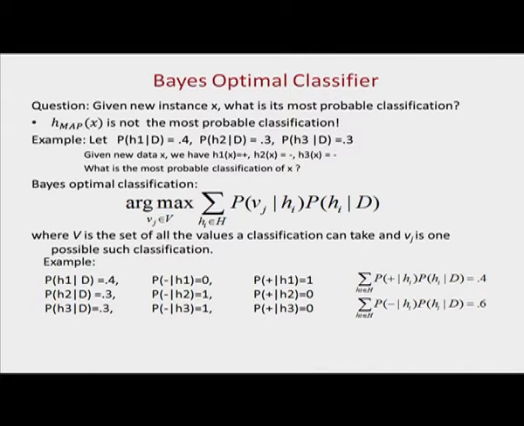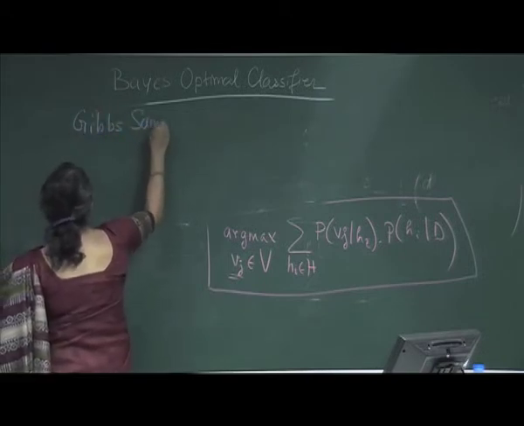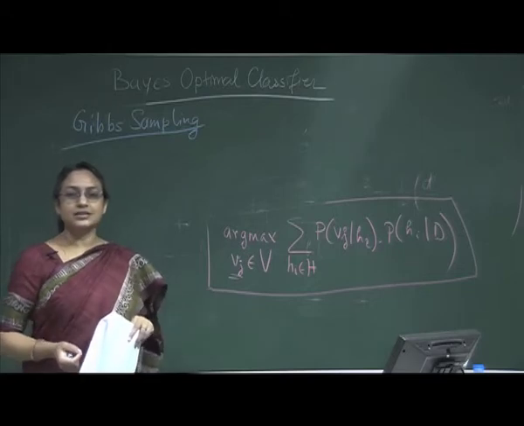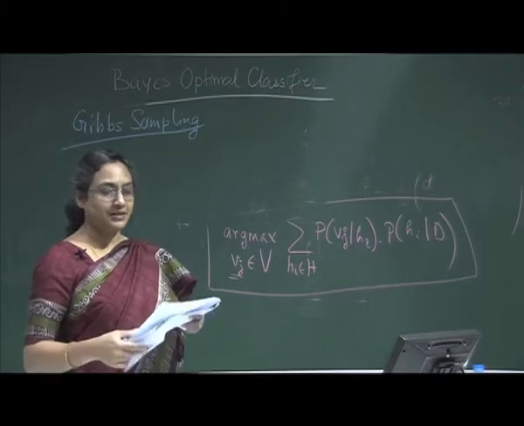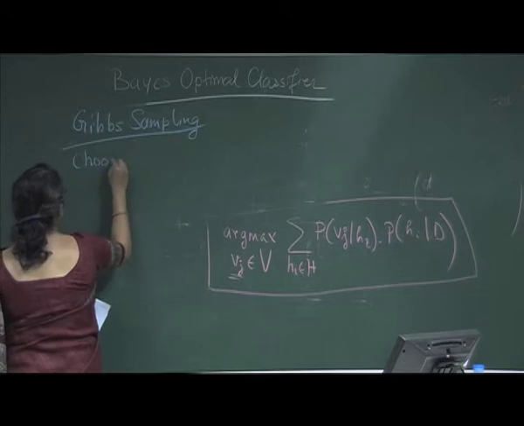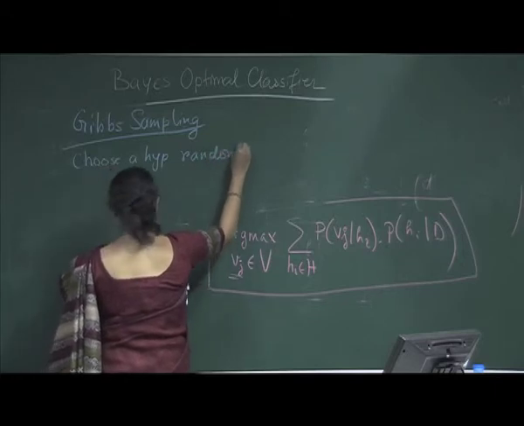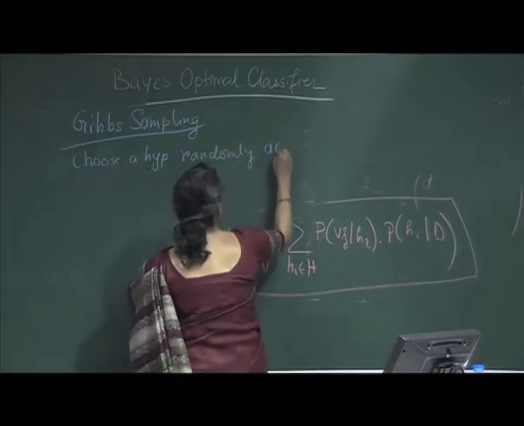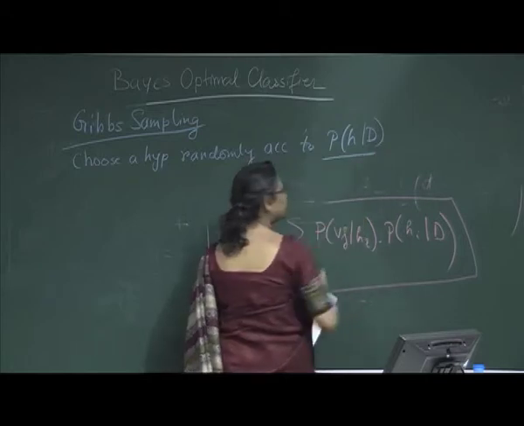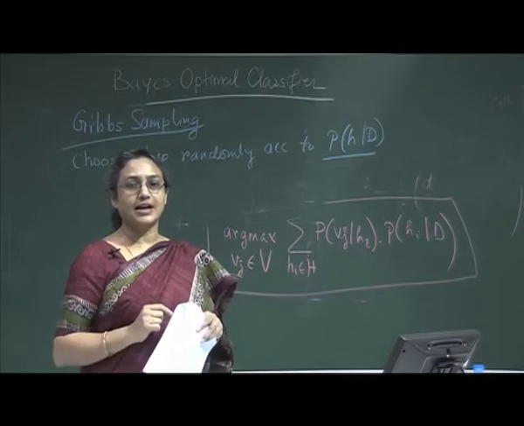In Gibbs sampling, instead of applying all possible hypotheses on X, we sample from the hypothesis space. We choose a hypothesis randomly according to probability of H given D. For each hypothesis we have a probability associated with it, so we have a probability distribution over the hypothesis space.